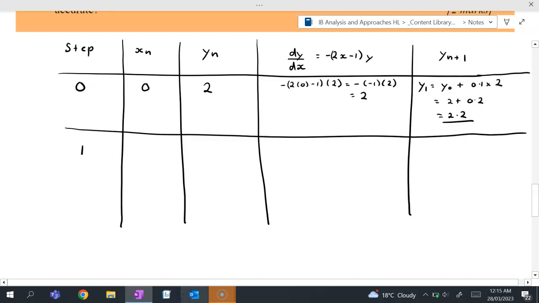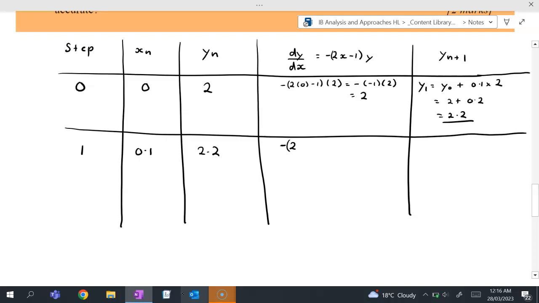Step 1. xn, okay, so that's when we've had an increase of a step value, so it's 0.1. y1 is 2.2, given in the last column of the previous row. Now the derivative, I'm using 0.1 and 2.2 to find the derivative, because that's my approximation for the point when x equals 0.1.